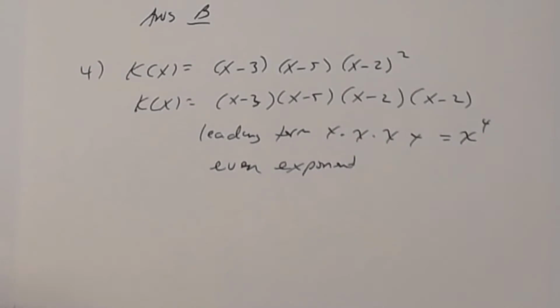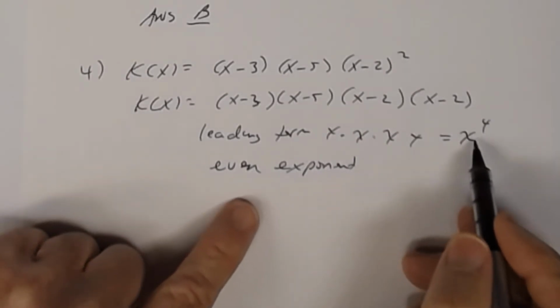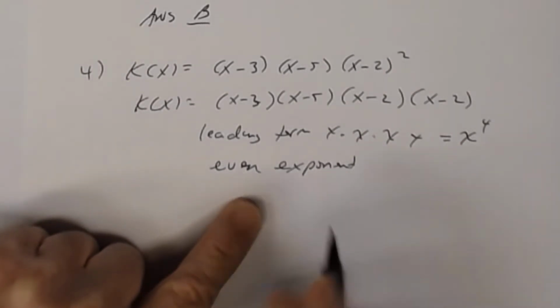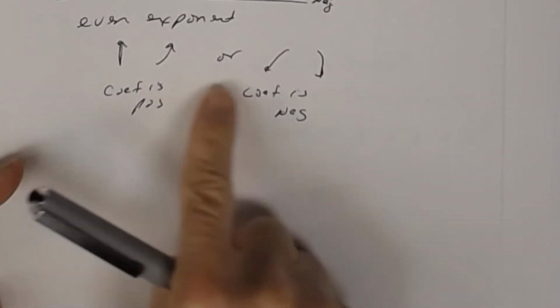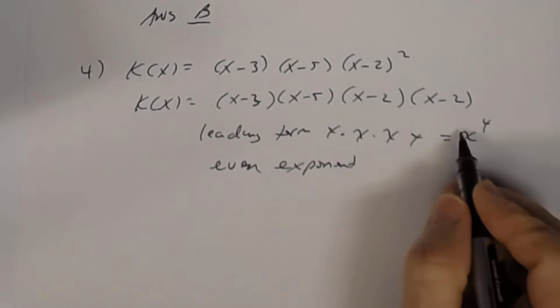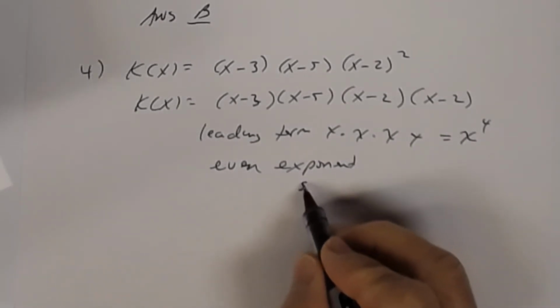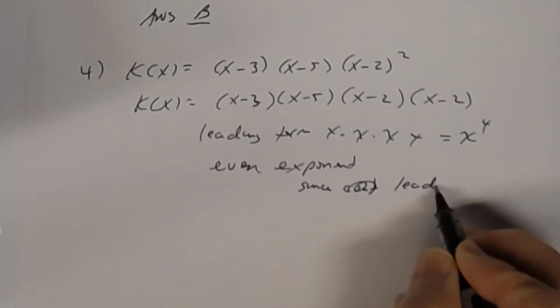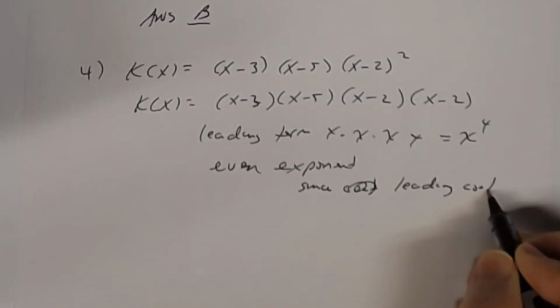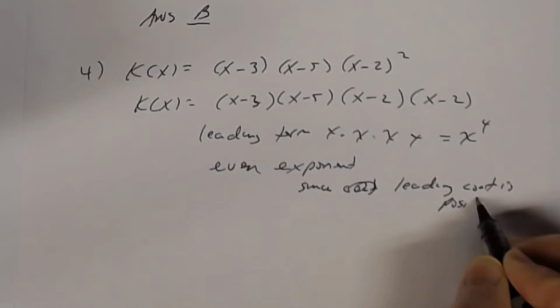Okay? All right, so we found the leading term, so the exponent's even. So since the exponent's even, we know it's going to do one of these. The coefficient is 1, and since the leading coefficient is positive 1, right?